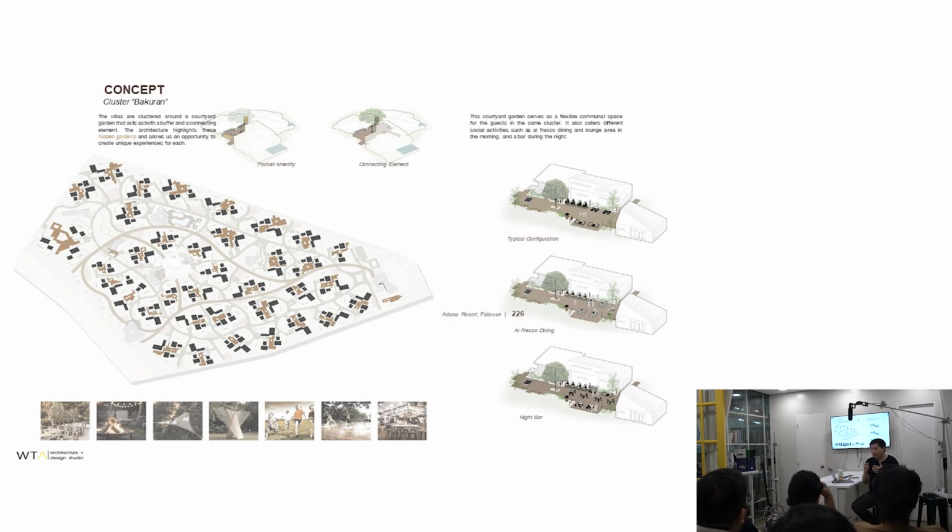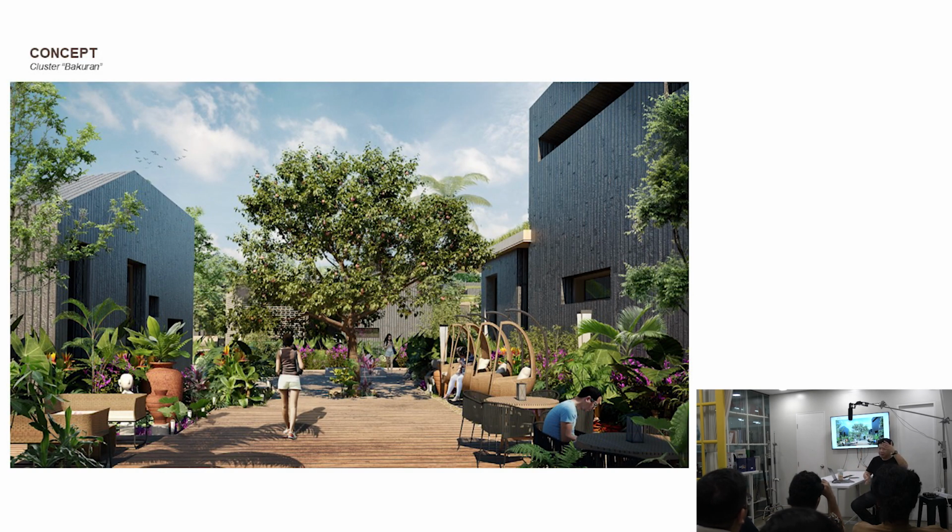But this backyard also serves to separate the three villas. So it becomes sort of like a community center in a way. So what you have here is these sheer huts along this bakuran, so you know that it's delineated. But by making this a social space, you connect the three or four or maybe five villas together.